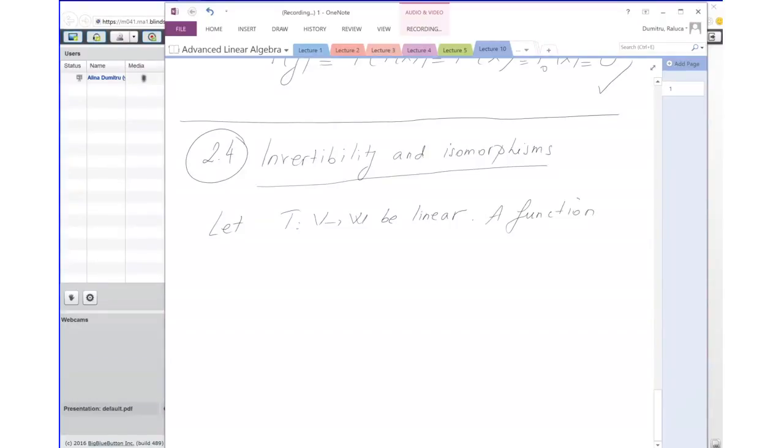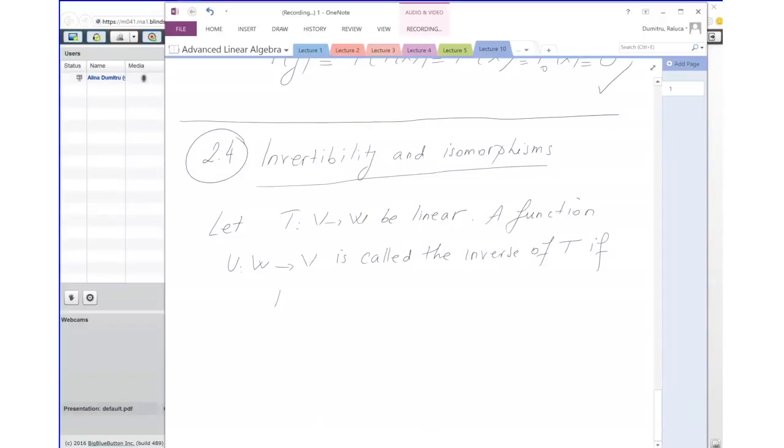That function, the supposed inverse U, would go from W to V. It's called the inverse of T, if the composition between the two in both directions gives you the identity.